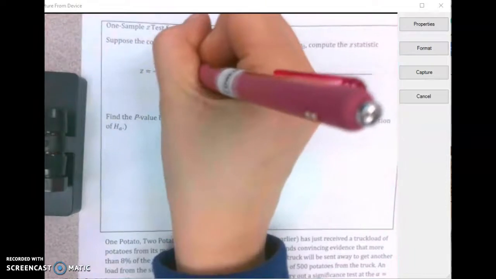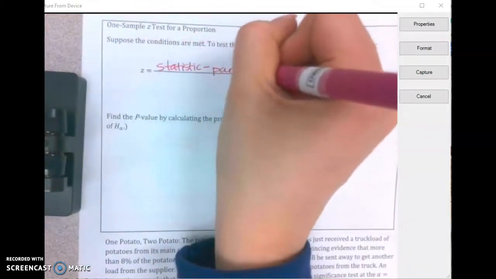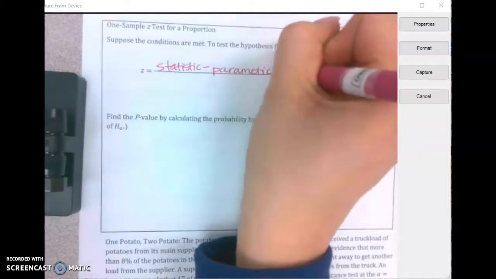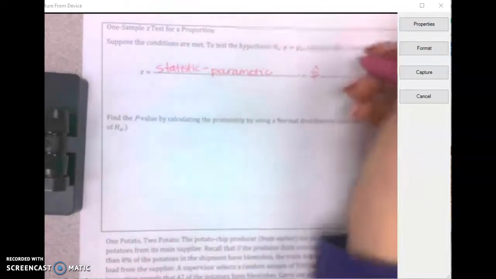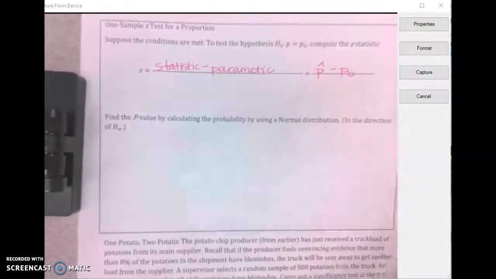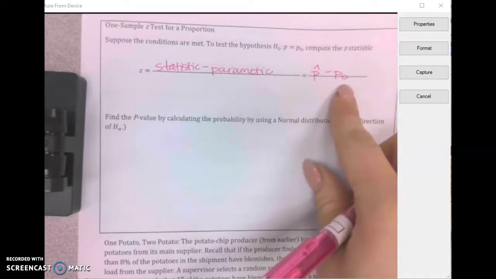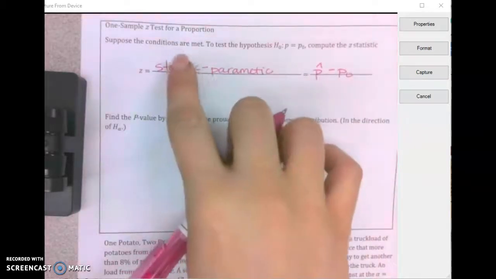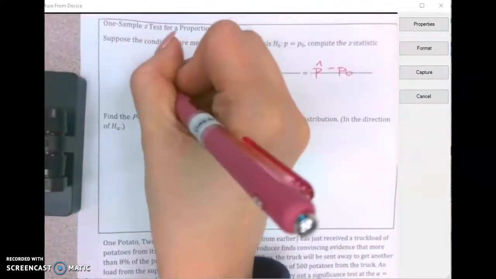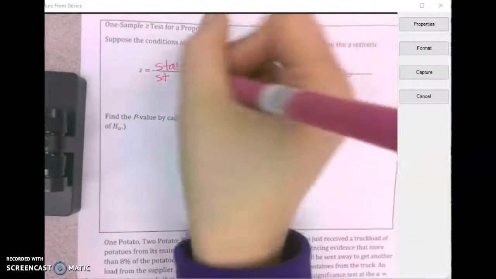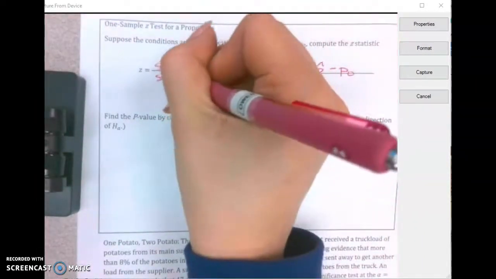Remember that we're taking our statistic, the number that describes the sample, so that is our P hat, and we are subtracting our parameter. Our parameter is going to be our P sub O, because this is the number we believe to be true about the population until we either reject or fail to reject. Remember, we're not accepting the null hypothesis.